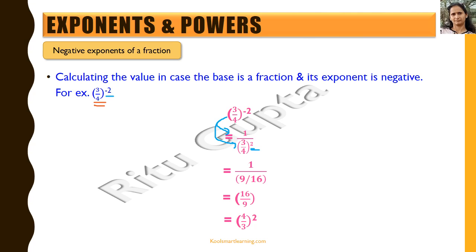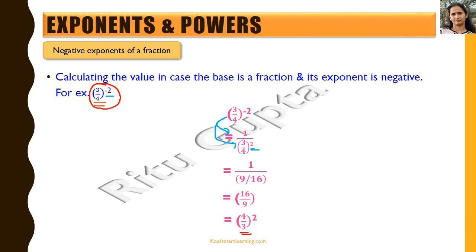The important thing to understand here is that the negative exponent of a fraction, which is 3 by 4 raised to the power minus 2, is nothing but the multiplicative inverse of the base raised to the positive equivalent of the negative exponent in the original fraction.